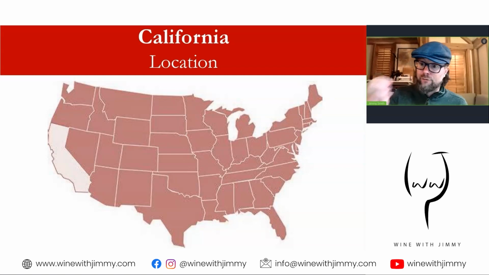Furthermore, think about the famous landmark, the Golden Gate Bridge, which was built back in the 1930s, which is iconic not only for San Francisco, but also California as well. So just a few reasons why we call it the Golden State.